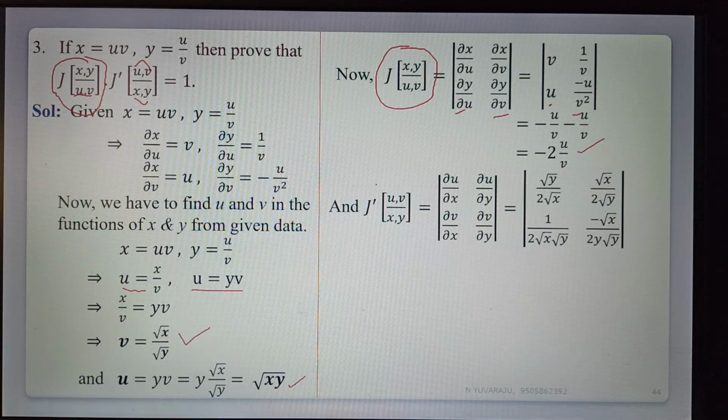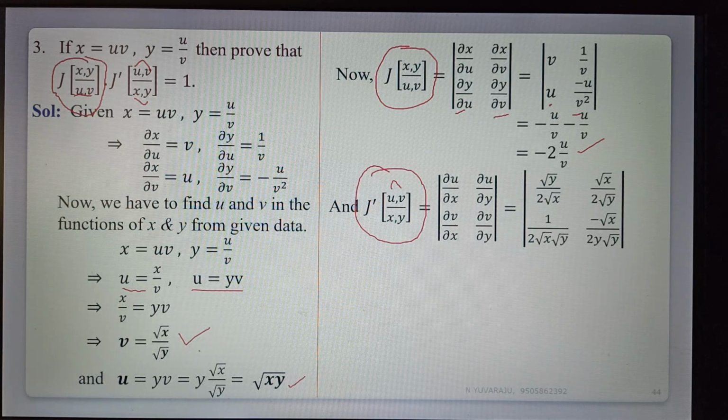Now similarly, the Jacobian of u and v with respect to x, y, take the reverse. The functions u and v with respect to x, y, the Jacobian, that is the determinant of ∂u/∂x, ∂u/∂y, ∂v/∂x, ∂v/∂y, substituting all values. ∂u/∂x means 1 by 2 root x, and root y by 1 by 2 root x. ∂u/∂y, root x into 1 by 2 root y.